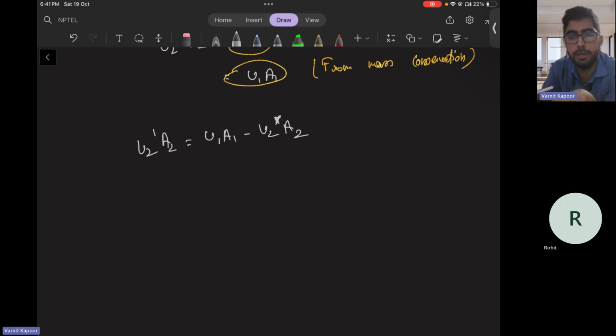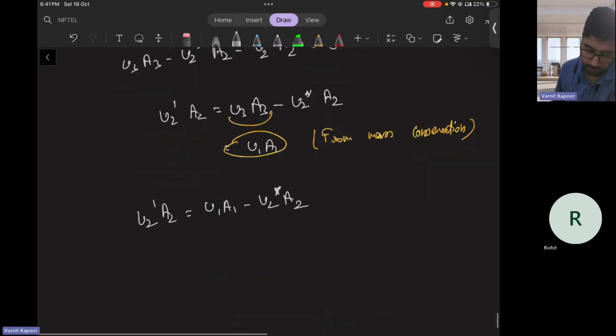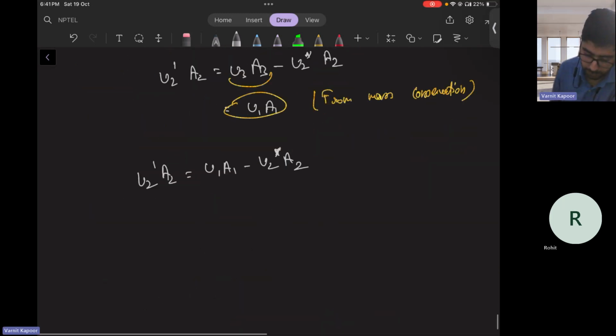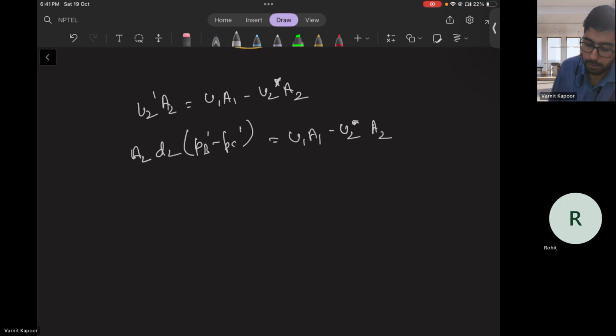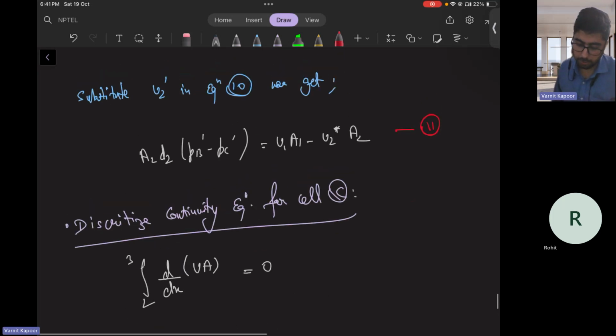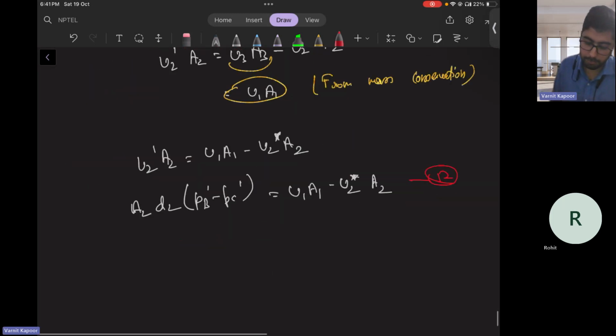So this is exactly the equation same as we have got for cell B. Let me write in terms of the prime values again: A2 D2 (PB prime minus PC prime) equals U1 A1 minus U2 star A2. So if you see, equation number 12 and 11, both are the same.